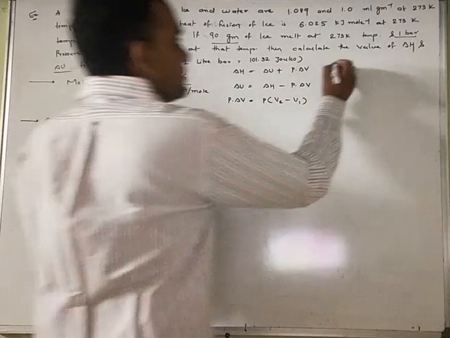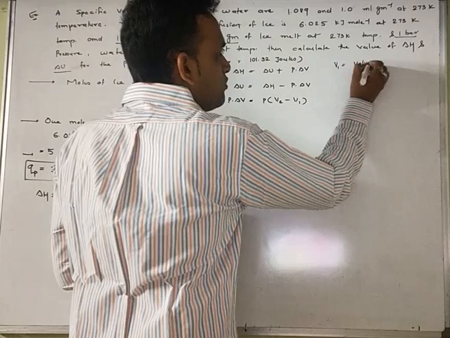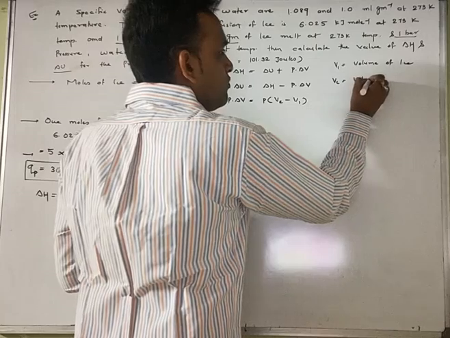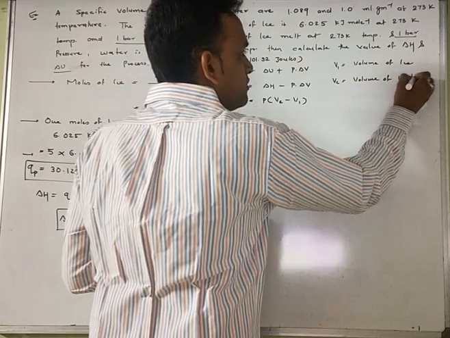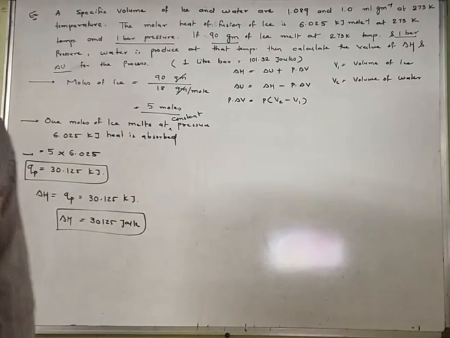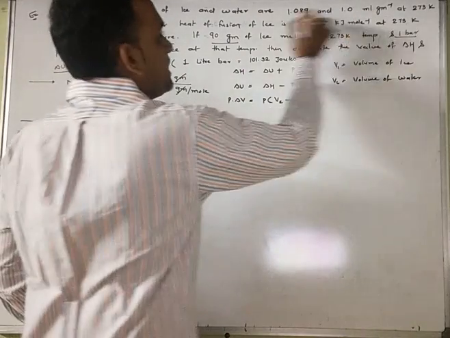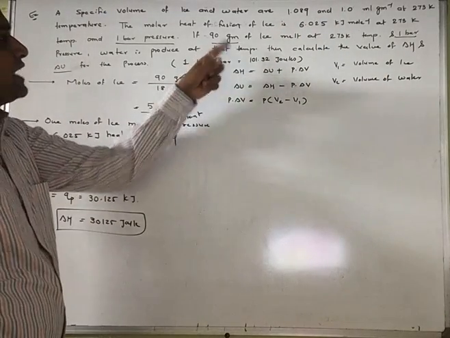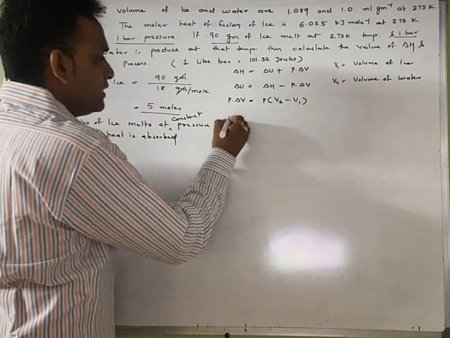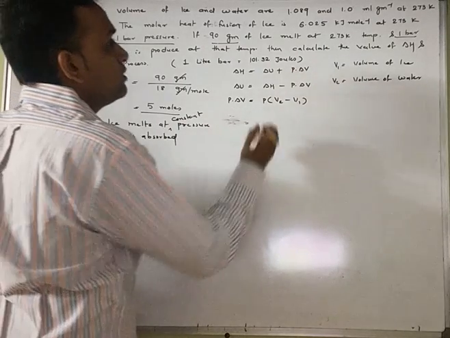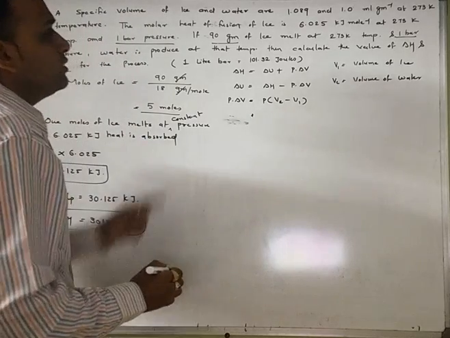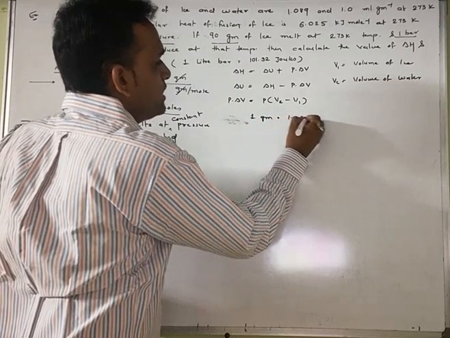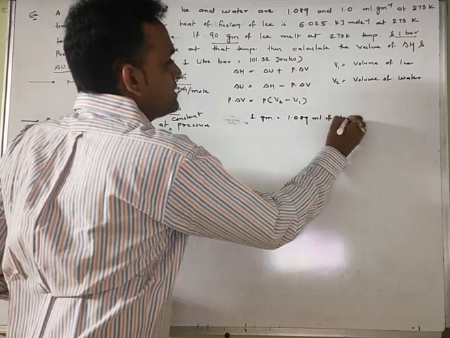Understand? Both volumes are given. Here I can write that for 1 gram, the volume is 1.089 ml. So V1 is the volume of ice: 1 gram of ice is equal to 1.089 ml, right?